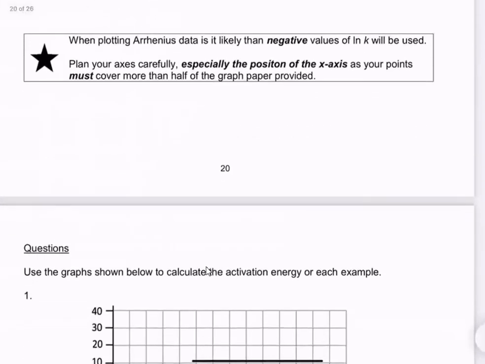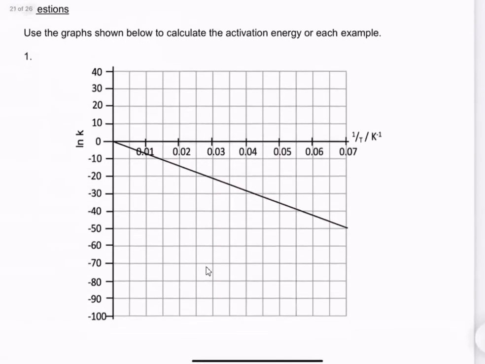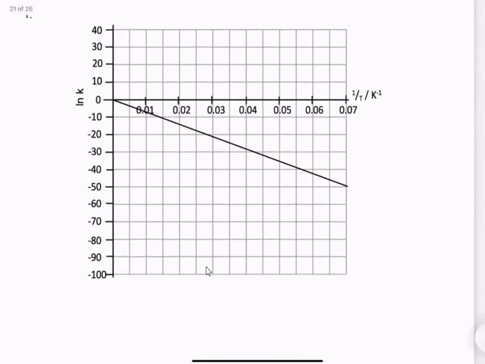What we're going to do now is use some graphs that we've been given so that we're all getting the same values and we can look at them together. So can you find the gradient of this line? I'm going to do my gradient across the whole graph to have more reliance on the number. You can see there that the dy is going down 50, minus 50, and the dx is 0.07.